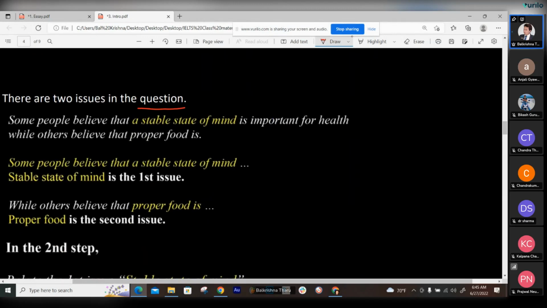Some people believe that a stable state of mind is important for health, while others believe that proper food is. So this stable state of mind is our first issue. Proper food is our second issue.